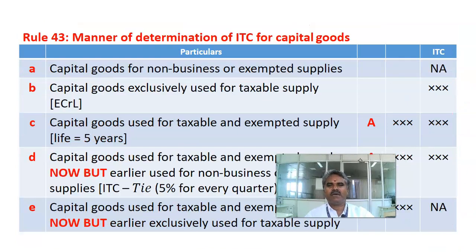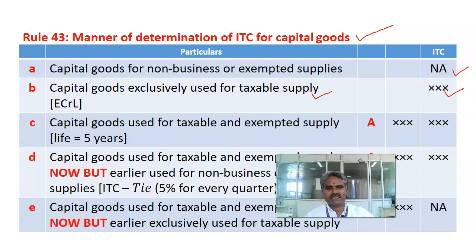Next, manner of determination of ITC for capital goods. A. Capital goods for non-business or exempt. Capital goods used exclusively for taxable supply, electronic ledger.